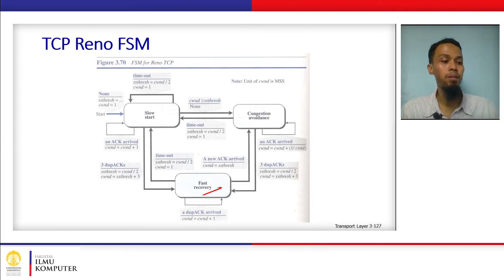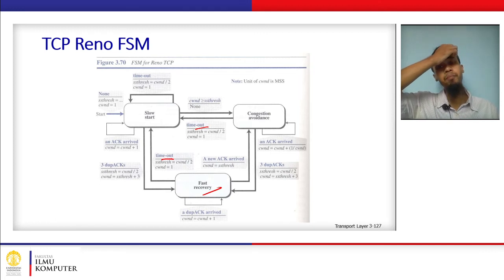So when the packet loss is detected by a timeout, it always goes to the slow start state. So whether we are in the slow start state now or in the fast recovery, if there is a timeout, then we always go to the slow start, and when we are in the congestion avoidance, we always go to the slow start again.